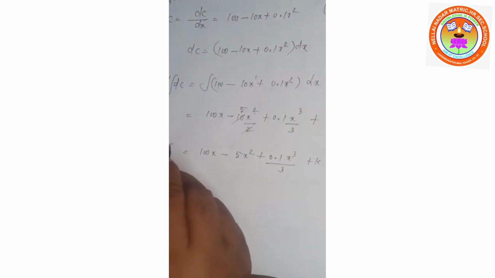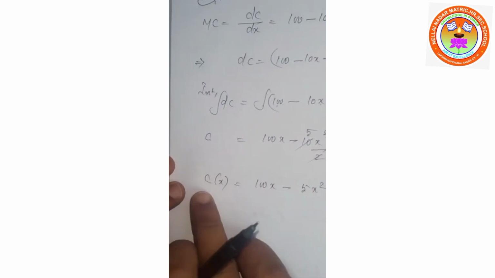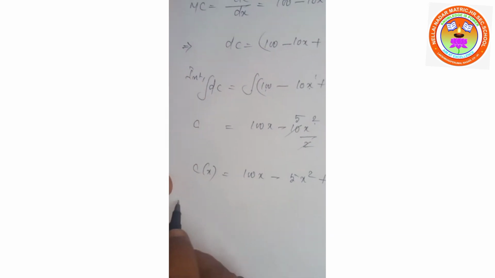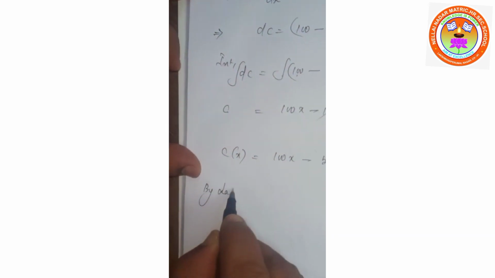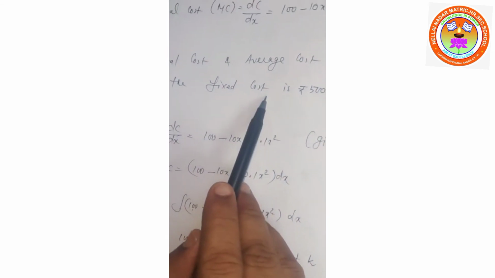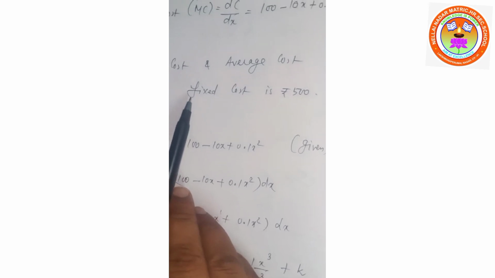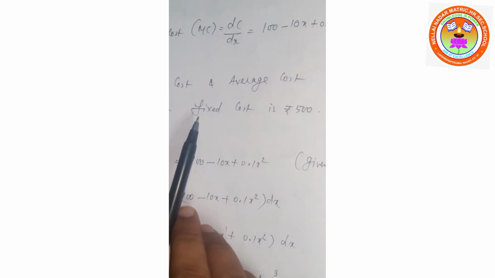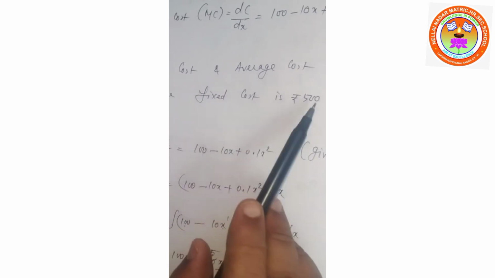So cost in terms of x, so that you can write c of x. C and c of x are same only. So by data, to find the value of k, what condition is given? Fixed cost. Whenever the word is fixed cost, now you have to consider x equals 0, and c of x equals the given value.